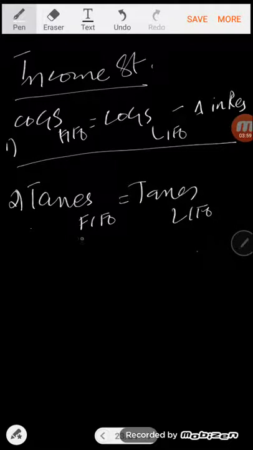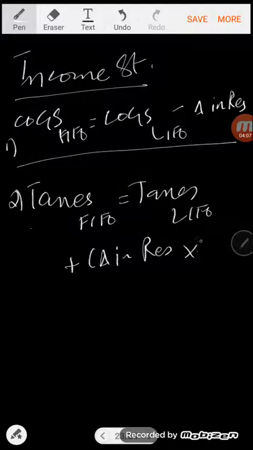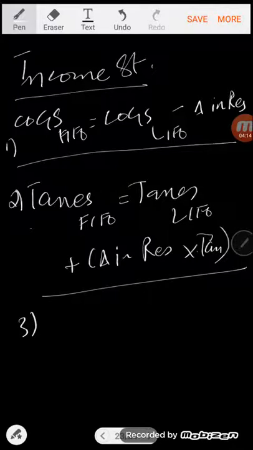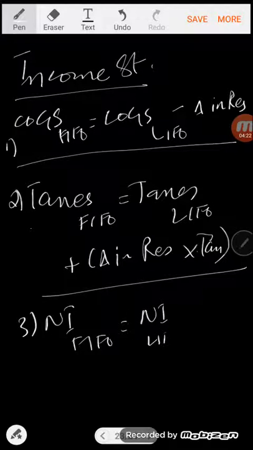So taxes in FIFO would be calculated as taxes LIFO plus change in reserve into tax rate, and similarly after taxes, what will remain: NI FIFO equals NI, that is net income LIFO, plus change in reserve into 1 minus tax rate.